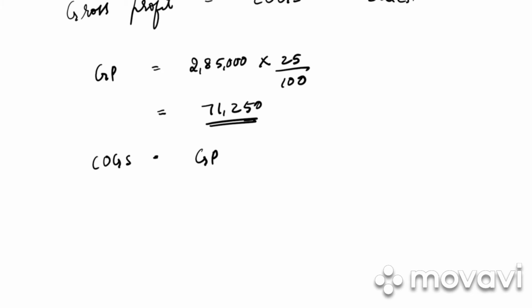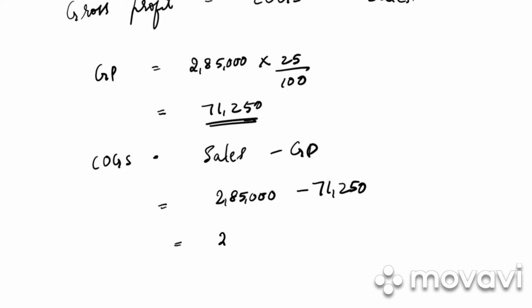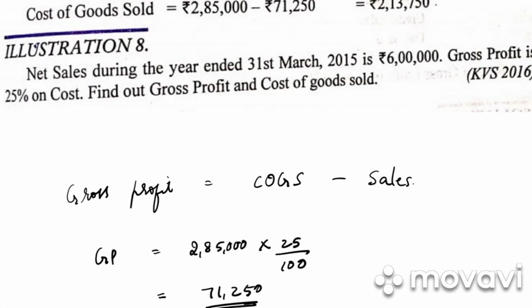It is sales minus gross profit. How much is the sales? 2,85,000 minus 71,250. That is 2,13,750. Clear?